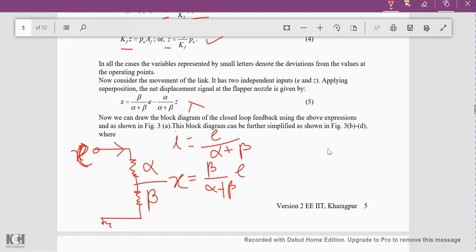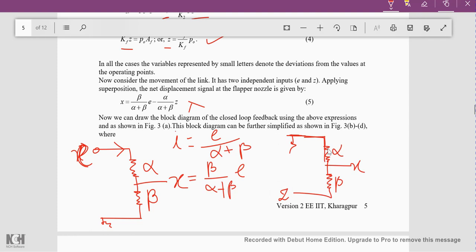Now suppose there is another input which is available from the other end, and that input is say Z. And this time the first input is considered as 0. So again we are going to obtain X, again it is alpha and again it is beta. So what should be the X value this time? Now this X value is calculated with respect to this ground terminal, so from here to here it will be alpha times the current.